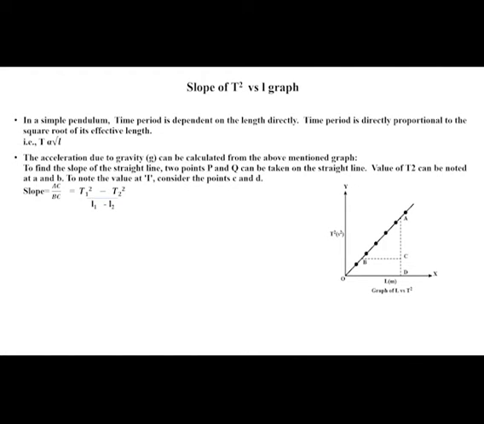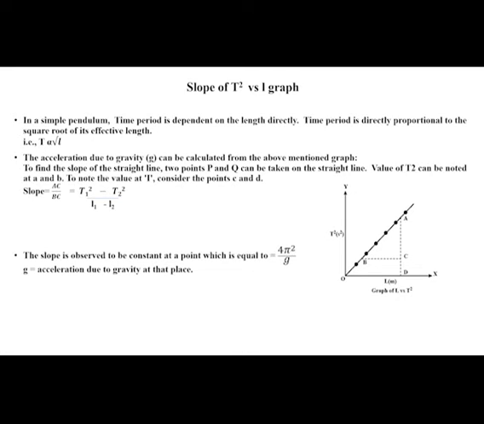To find out the slope of the straight line, we have to first pick two points on this straight line, that is P and Q. Then the value of the T square can be noted at the points A and B. And to know the value of the L, consider the points C and D. So now we have two different points and it becomes a straight line when you join them, and the slope is found out by doing AB by BC, or we can say that T1 square minus T2 square by L1 minus L2.